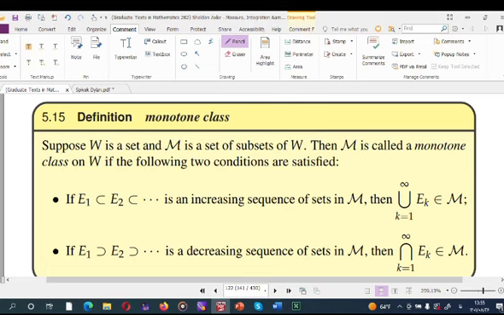One, for any increasing sequence in M, E1, E2 up to En, the union of the sequence belongs to M, and for any decreasing sequence in M, the intersection of the sequence belongs to M. If we have these two properties, we say that M is a monotone class, because any increasing or decreasing sequence in M has union and intersection in M.